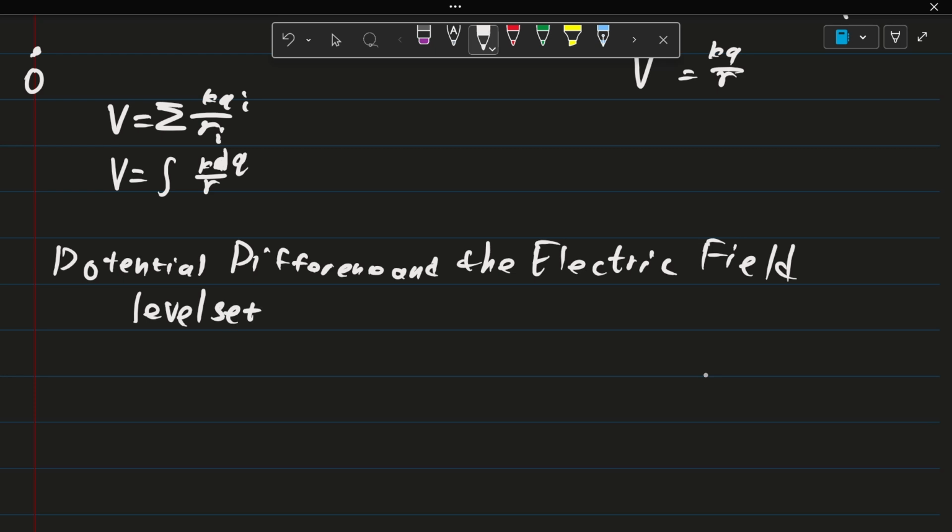And in here, instead of calling it the level set, we will just call this the equipotential.